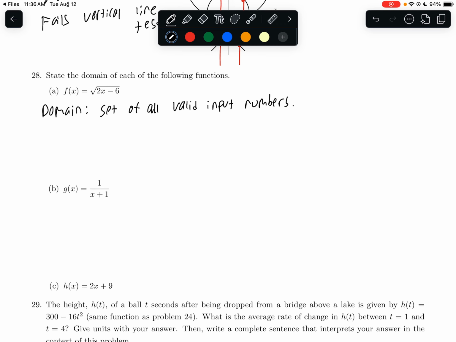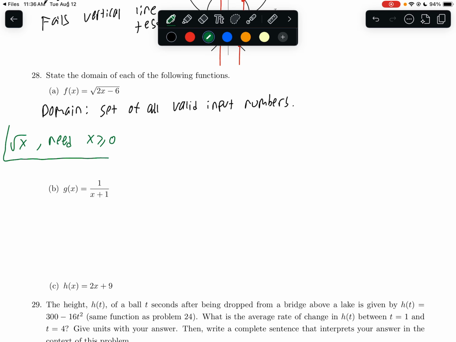Now, the domains for these functions are quite large, so it's easier to say what is not in the domain, or what is not a valid input number. And remember that when we have square roots, say for instance the square root of x, then we need x to be greater than or equal to 0.